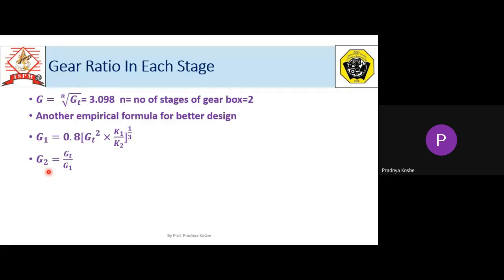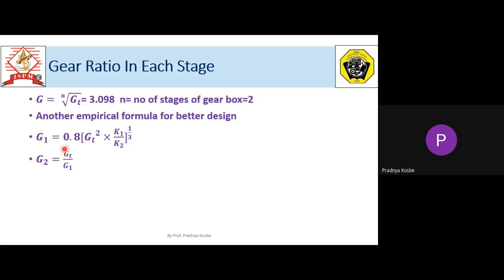So you will get G1, and then after getting G1, you can find G2, where G2 is equal to GT by G1.